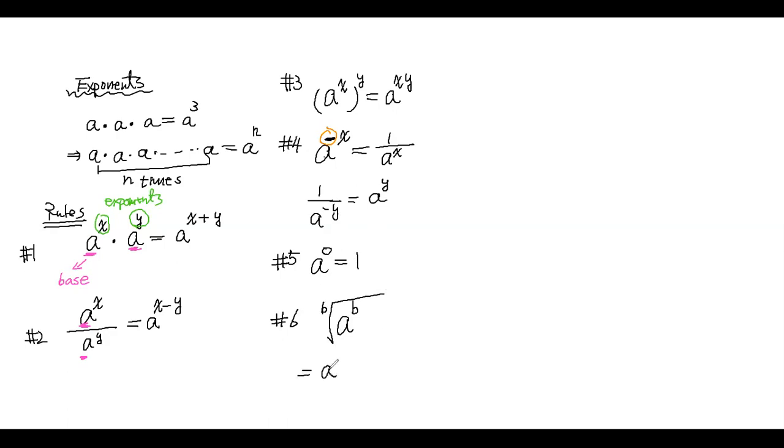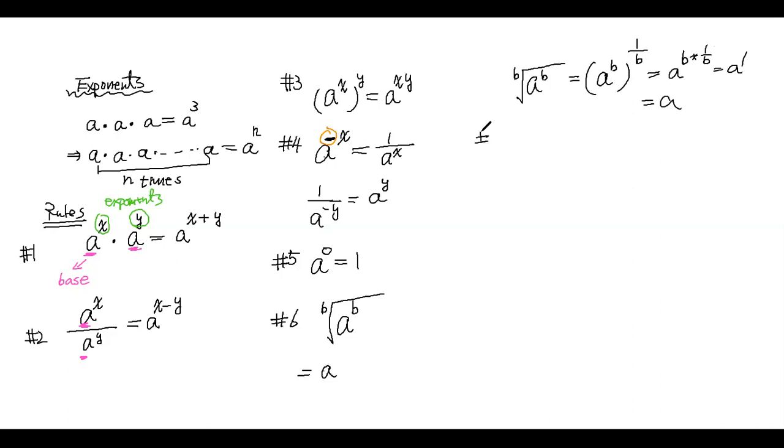This is going to become A. The reason is that A to the B, then the B's root means 1 over B. Then by rule number 3, this will be A to the B times 1 over B, so it's equal to A to the 1, which is equal to A. All right, so that's number 6 here. If you have the same power and root, then it will become A.